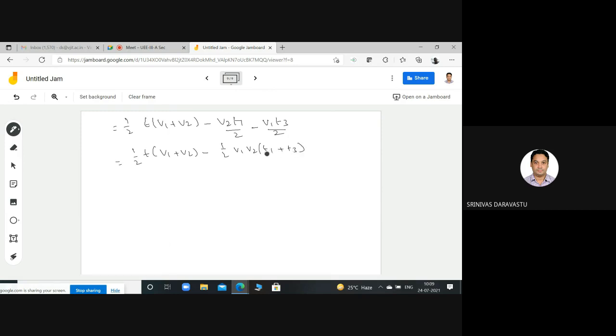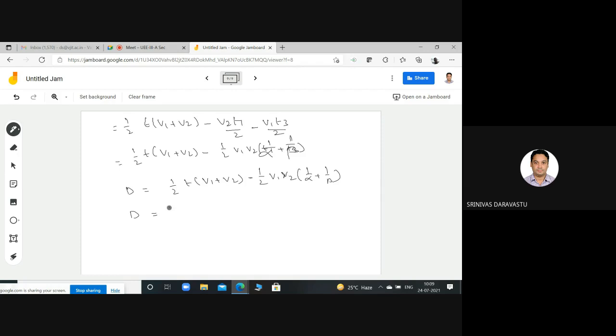In T1 plus T3, we can directly write 1 by alpha and 1 by beta, so V1 V2 comes out here. Half into V1 V2 into 1 by alpha plus 1 by beta. So we can write D equals half into T into V1 plus V2 minus half into V1 V2 into 1 by alpha plus 1 by beta.